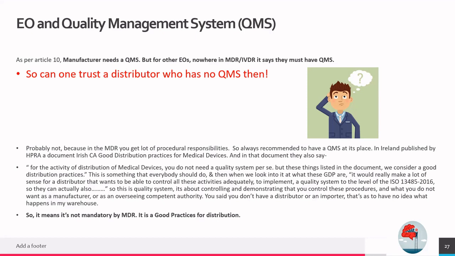Even if nothing is written, the law says if you are an importer, you have to follow all this. If you are a distributor, you have to follow all this. So it is the duty of the party to realize which economic operator they are. Because at the end of the day, when you are executing your activities, suddenly a door is knocked by the competent authority saying you are not obliging to all these things.